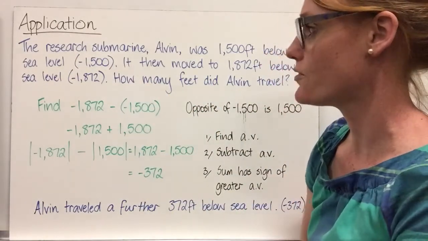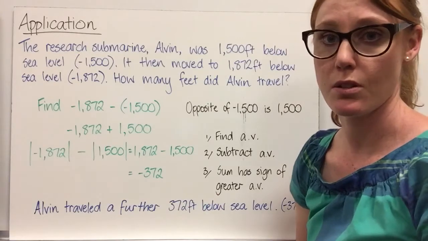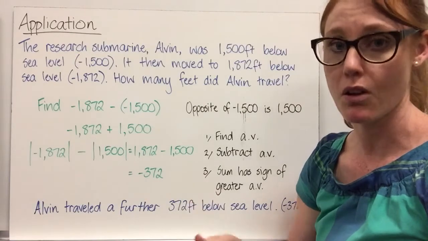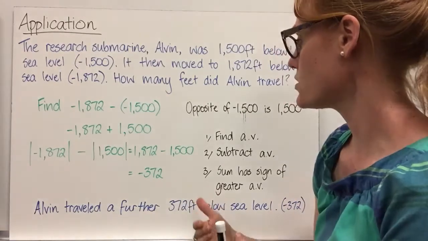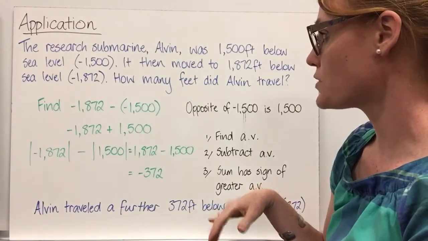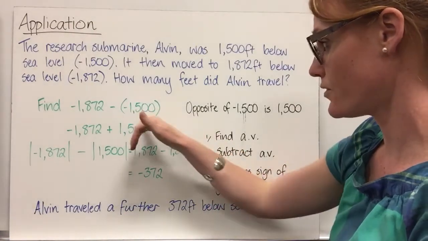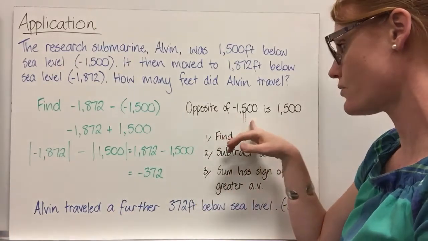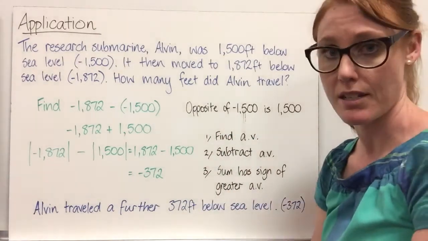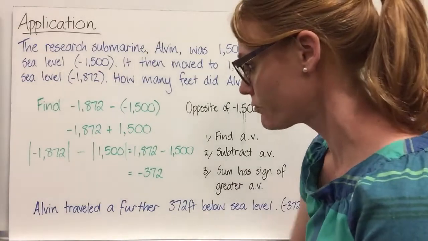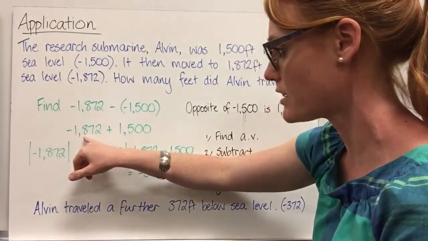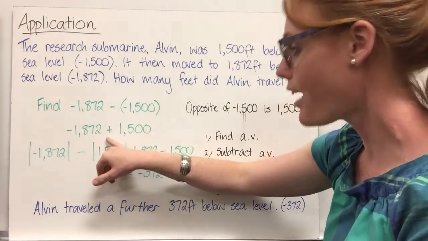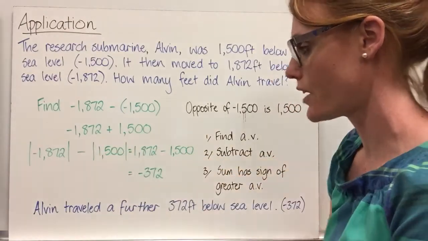So we're starting off at 1,500 feet, and we're moving to 1,872 feet below sea level. So what we want to do is, instead of subtracting negative 1,500, we're going to add the opposite. And the opposite of negative 1,500 is positive 1,500. So now we have negative 1,872 plus 1,500.